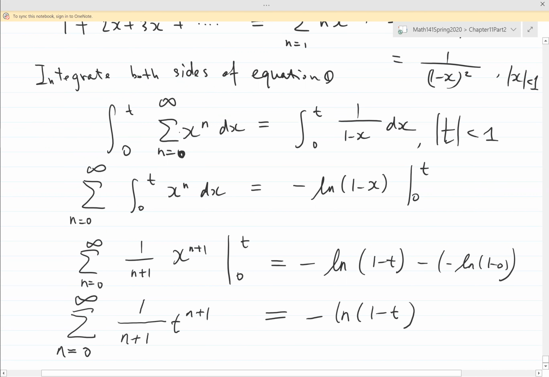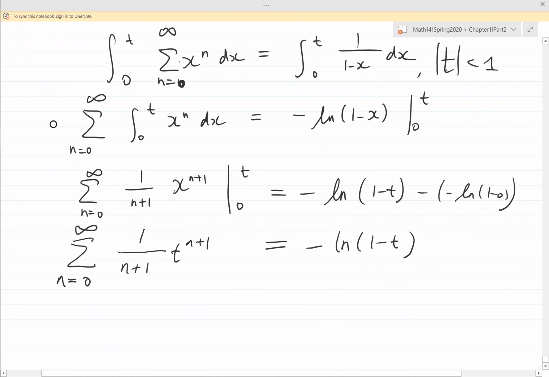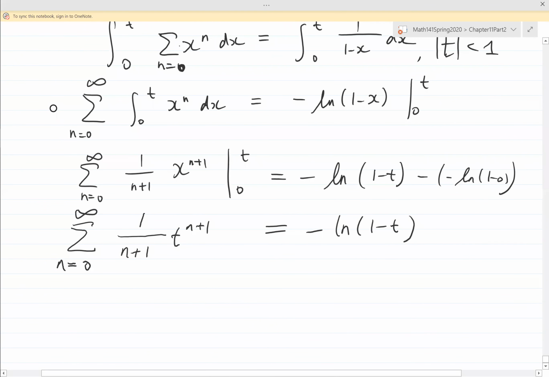If you change the index n from 0, when n is from 0, n plus 1 is from 1. So you can change the index. So this is the sum for n from 1 to infinity of 1 over n times t to the power n. This is negative ln of 1 minus t.